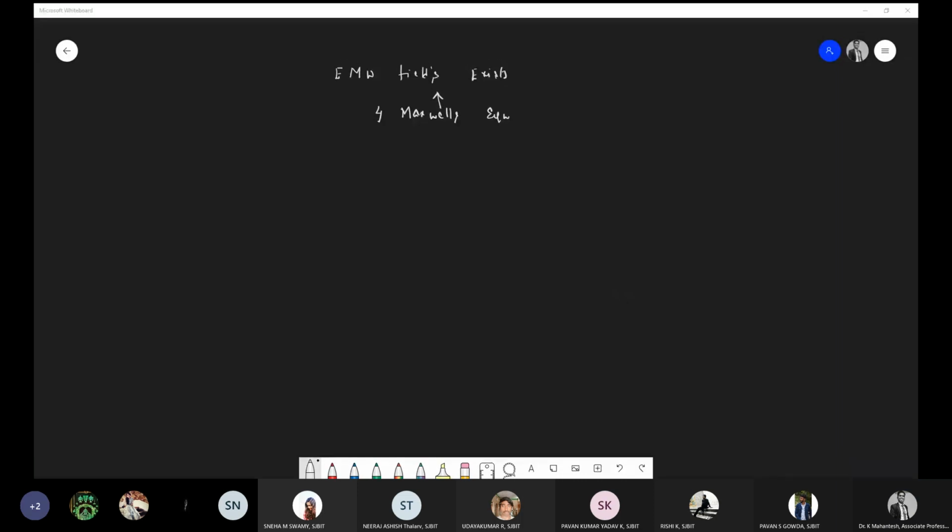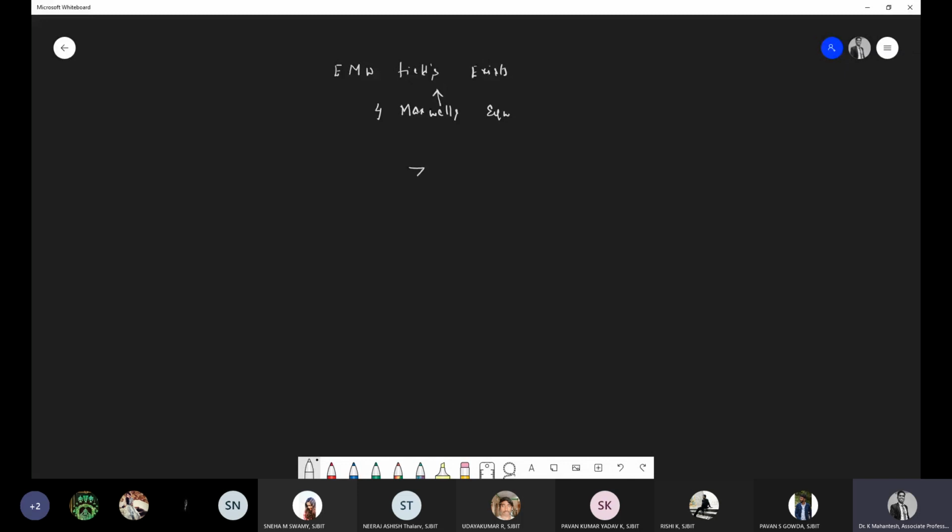The first Maxwell's equation is del cross E is equal to minus dou B by dou t. This is due to Faraday's Lenz's law. All I am trying to represent is the point form of Maxwell's equations. Del cross H is equal to J plus dou D by dou t, and this is obtained due to Ampere circuital law.